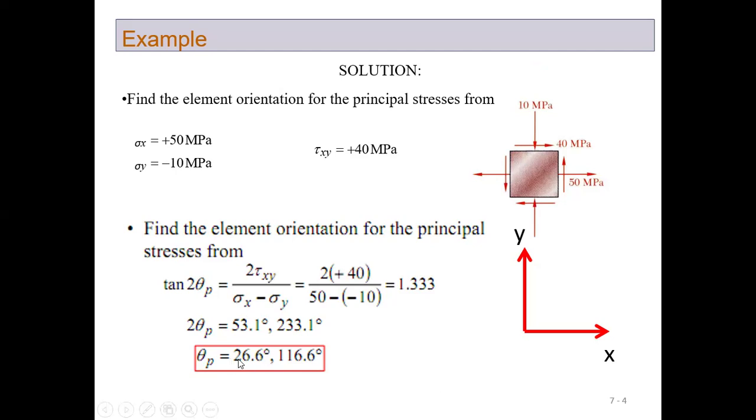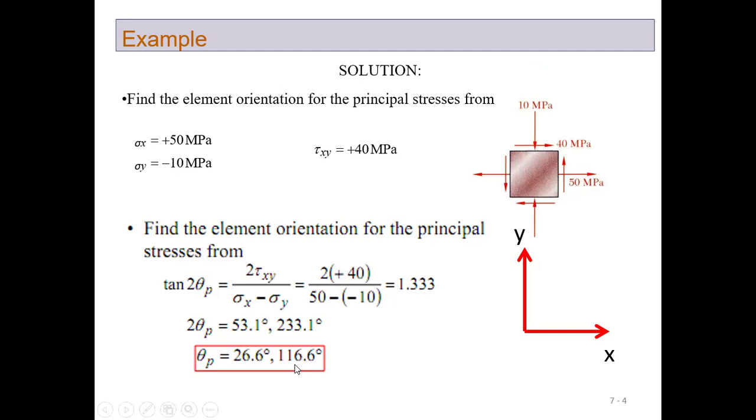So if this is the first principal axis, then the second principal axis would be at an angle of 90 degrees to the first principal axis. So you just add 90 to 26.6 degrees. We would get the second principal axis, which would be 116.6 degrees.